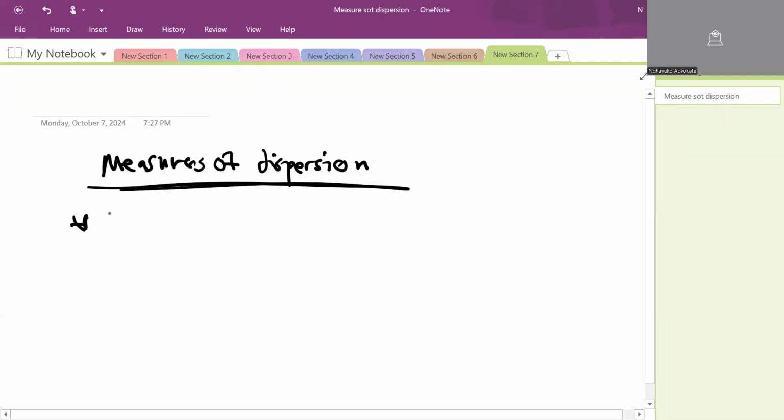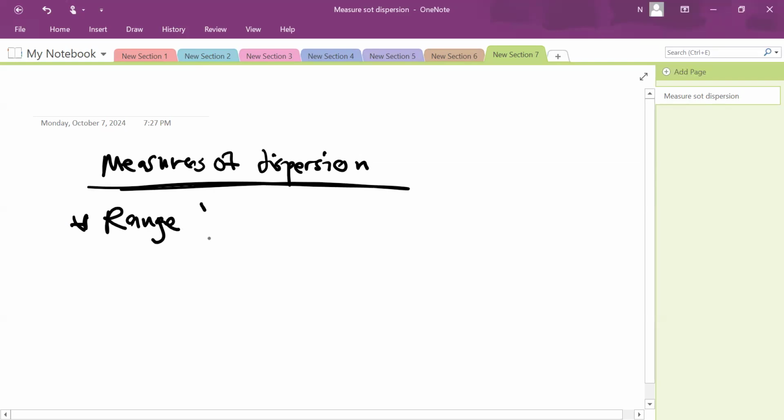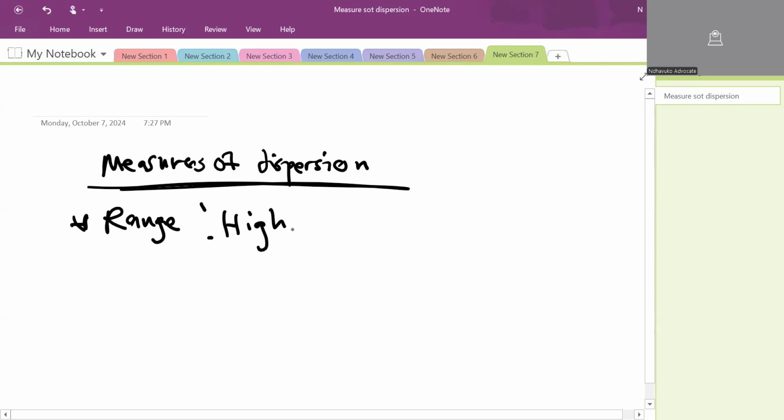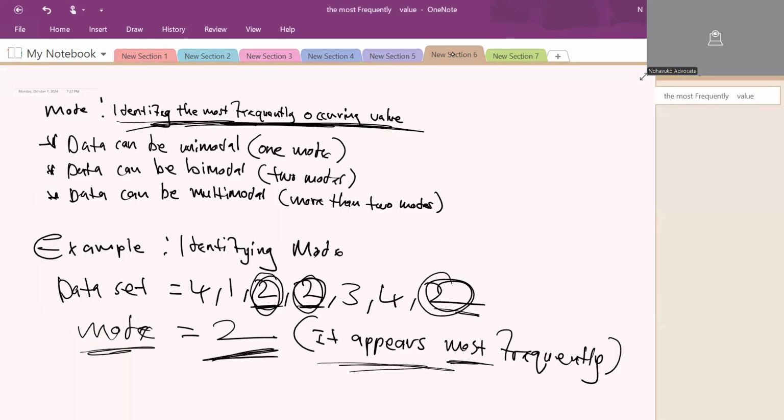Class, you must know range. Range is the high value minus low value. That's how you calculate it. Like here, the high value is 4 and the lower value is 1.